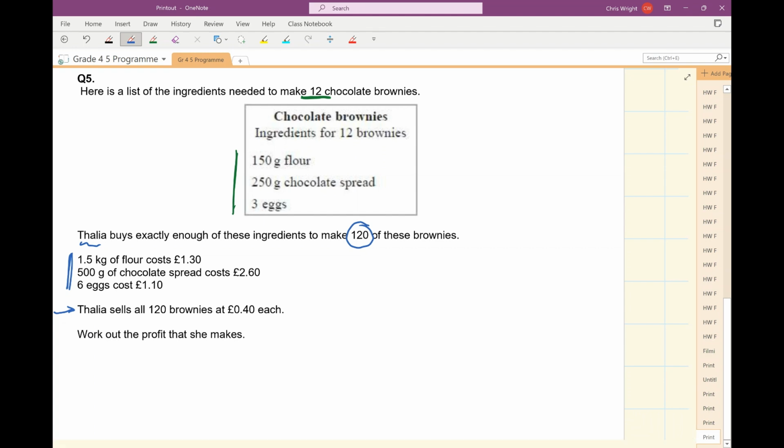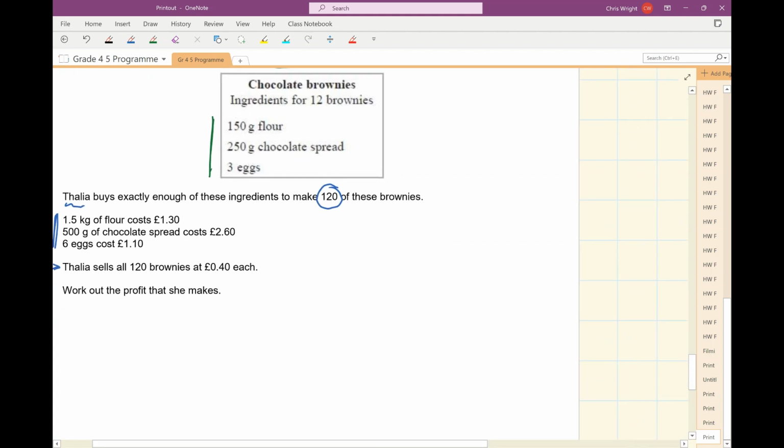Right. Well, I better work out how much flour, chocolate spread, and eggs she had to buy, hadn't I? Okay. Now, this is the recipe for 12 brownies, and she wants to make 120 brownies.